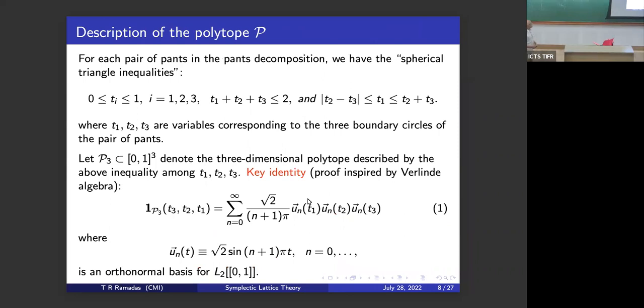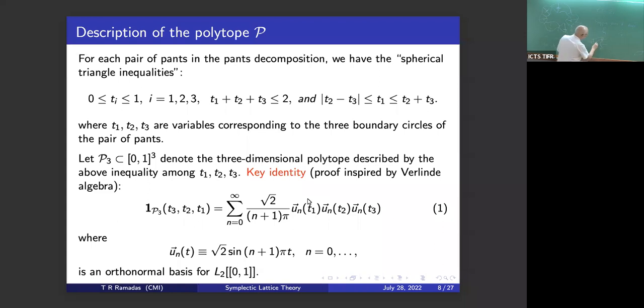Now here is the description of the polytope. As I said, it's a polytope given by a certain number of inequalities. And what are the inequalities? Take any vertex of the Trinion graph. Remember, a vertex of the Trinion graph corresponds to one of these pairs of pants. The three edges correspond to these circles.